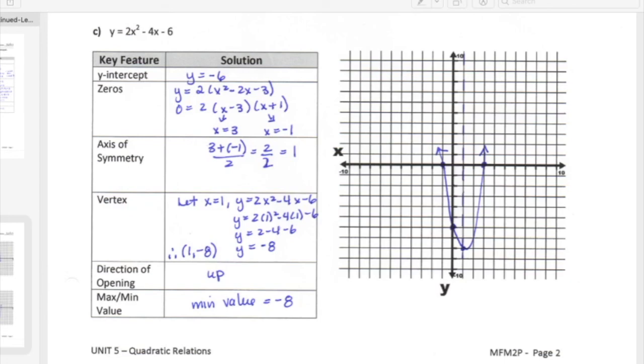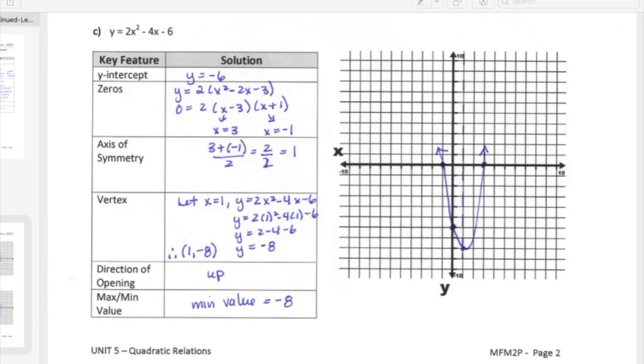Those are going to be negative 3 and positive 1. So my factored form ends up being 2 bracket x minus 3, x plus 1. When I set those equal to 0 and I figure out what my zeros are, I end up with x equals 3 and x equals negative 1.